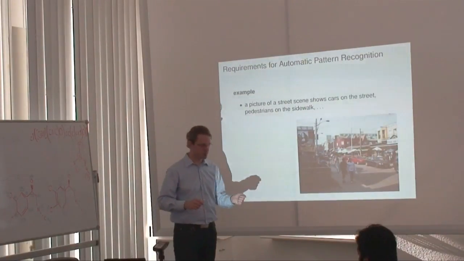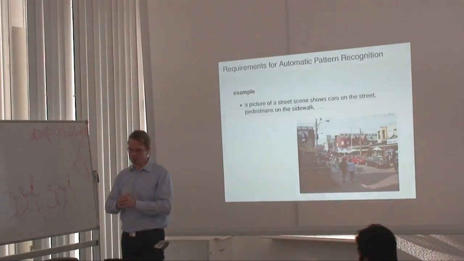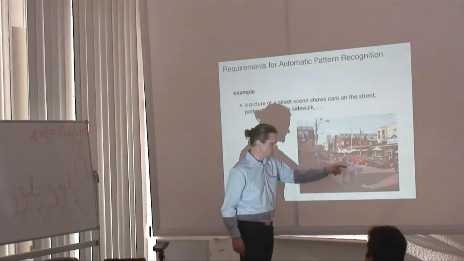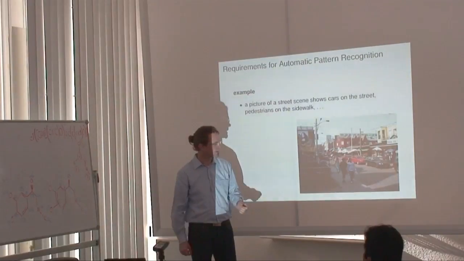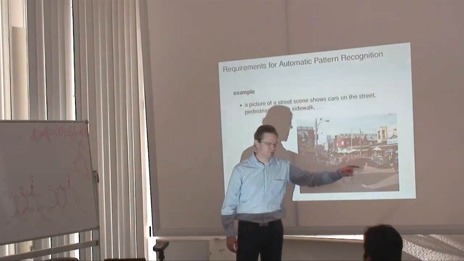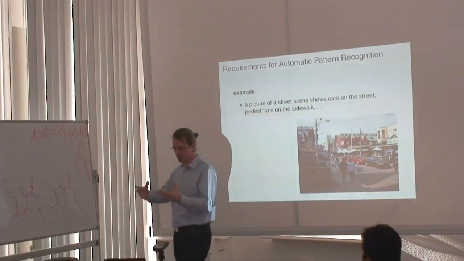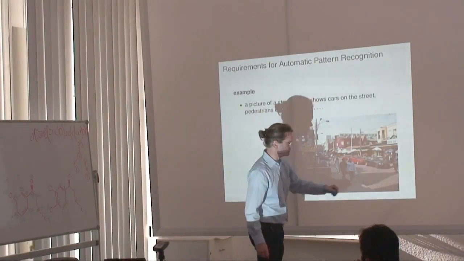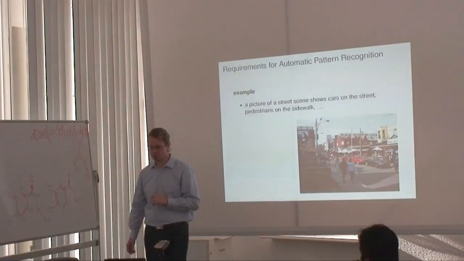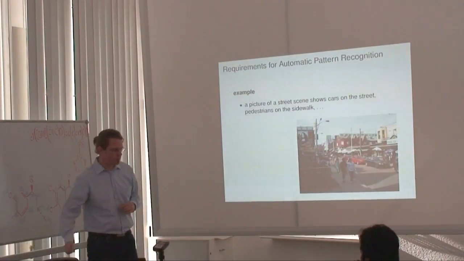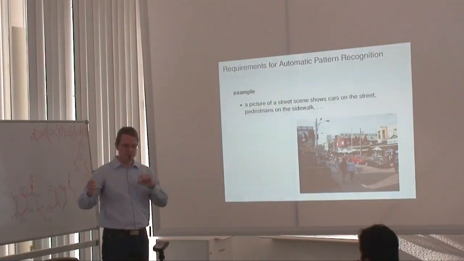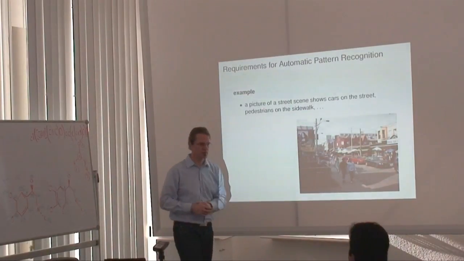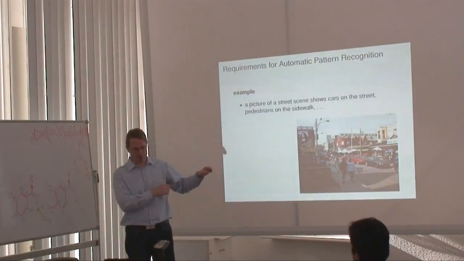And say for every sub-pattern in this pattern, for instance the pedestrians, we would have a vertex. And other sub-patterns would be the cars, and we would have a vertex. And we would have a vertex for street and a vertex for sidewalk. And then we could draw edges between these vertices that would indicate relations between objects, patterns, sub-patterns in the scene.